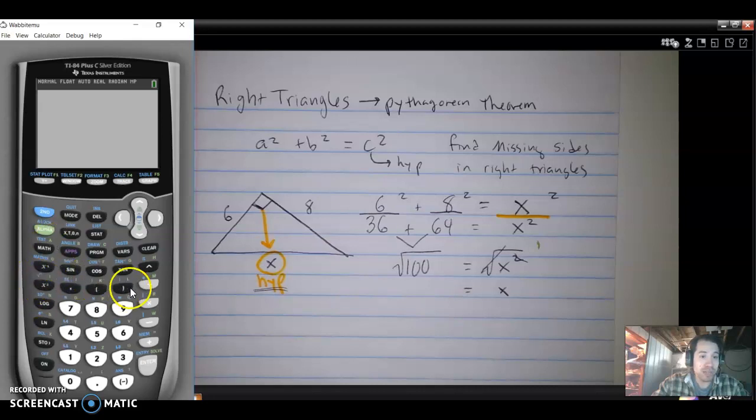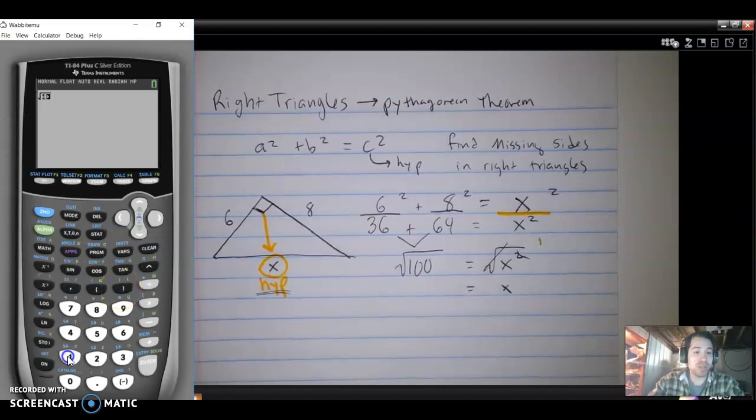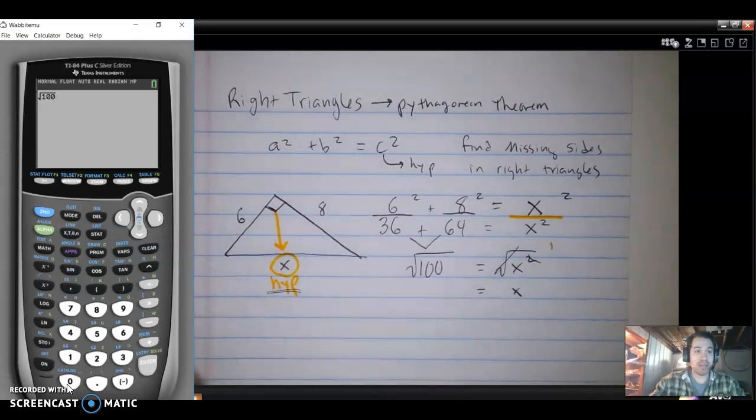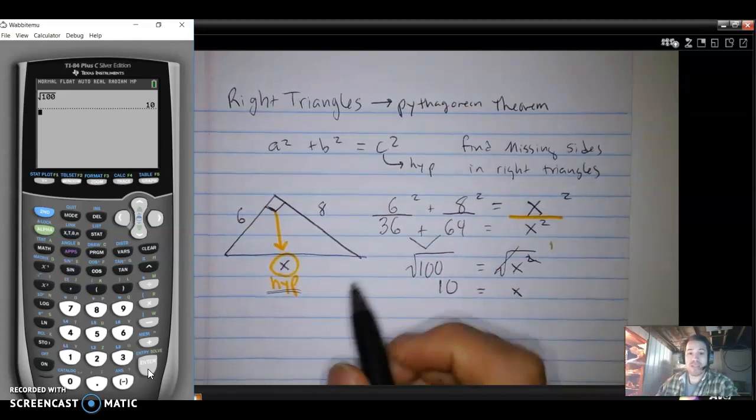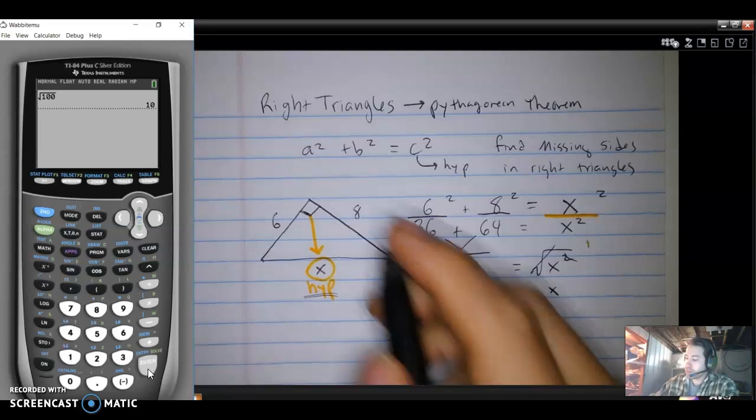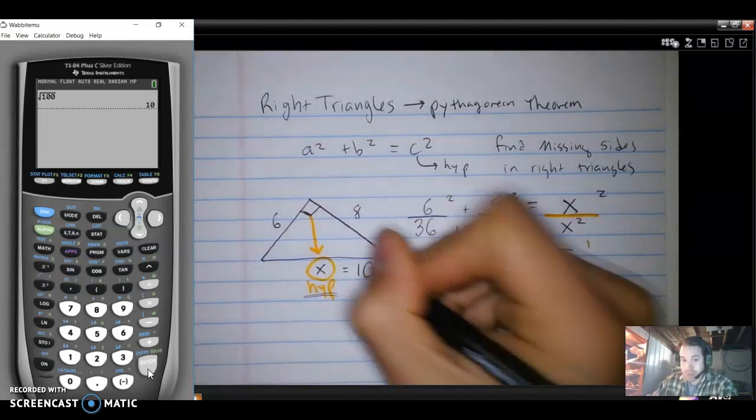Whenever you want to use something in purple, you have to hit the second button first. Notice it brings up a square root. So I'm going to type in the square root of 100, and again, I am using the touch screen, not actually typing in, because sometimes the numbers don't work properly. The square root of 100, we hit enter, is 10. So the missing side in our triangle is equal to 10.